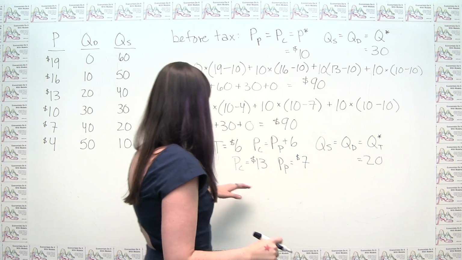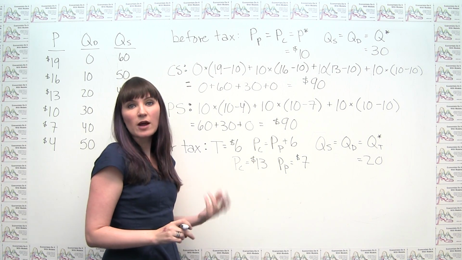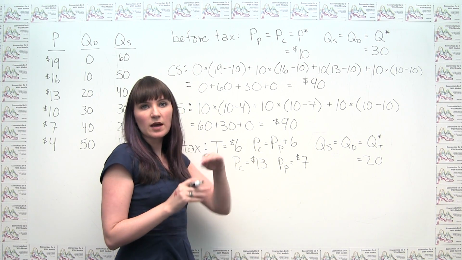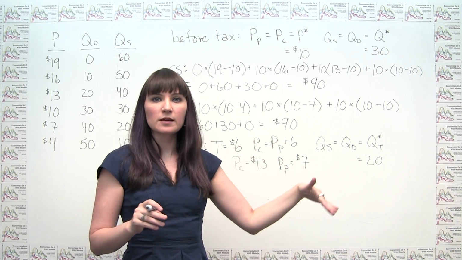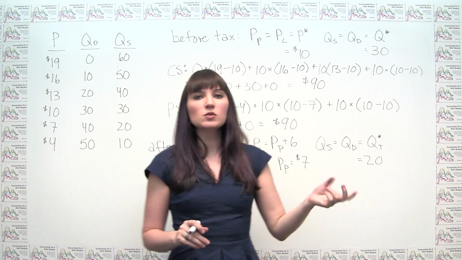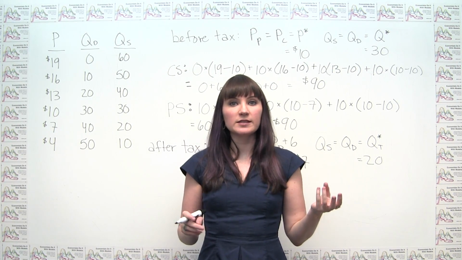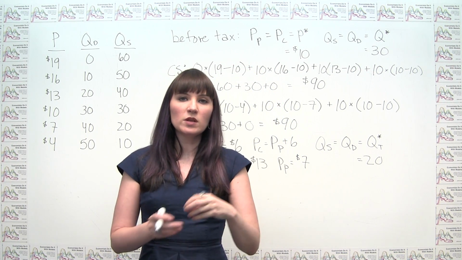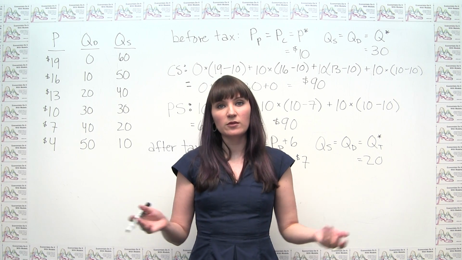Not surprisingly, this is in line with what we see graphically when we look at taxes. When we put a tax in place and we have an upward sloping supply curve and a downward sloping demand curve, the consumer and producer share the burden of the tax. The price to the consumer doesn't go up by the full amount of the tax, and the price to the producer doesn't go down by the full amount of the tax either.